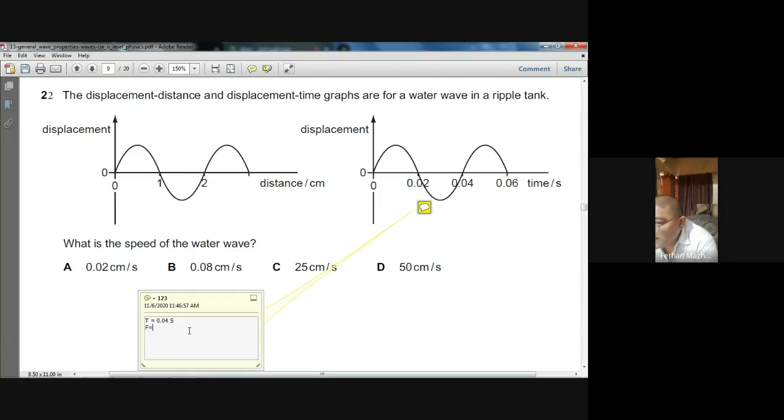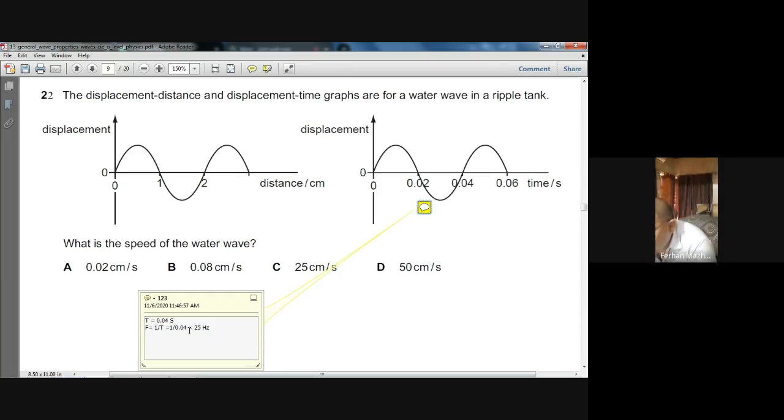The frequency is equal to 1 divided by the time period. So it will be 1 divided by 0.04, and the frequency is 25 hertz. Now I know the frequency and the wavelength.